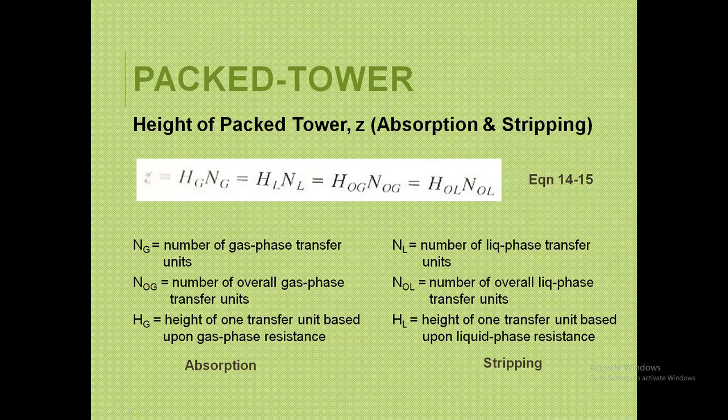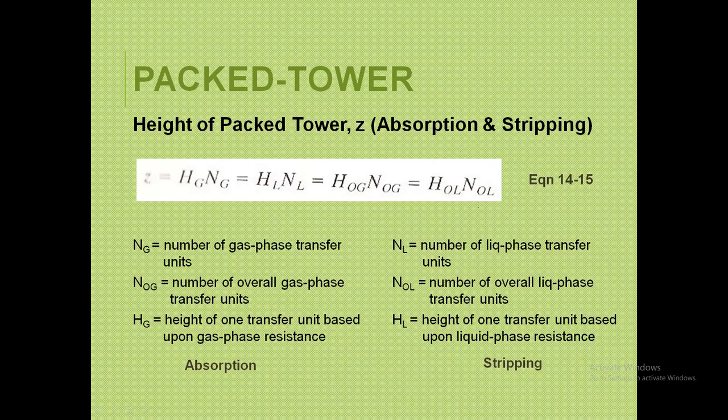So you can have for the Z, the height of your packed tower, these 4 different formulas, all of which will have comparable values for the height. So it could be HG and NG, HL and NL, or the H sub OG, N sub OG, or the H sub OL times N sub OL.